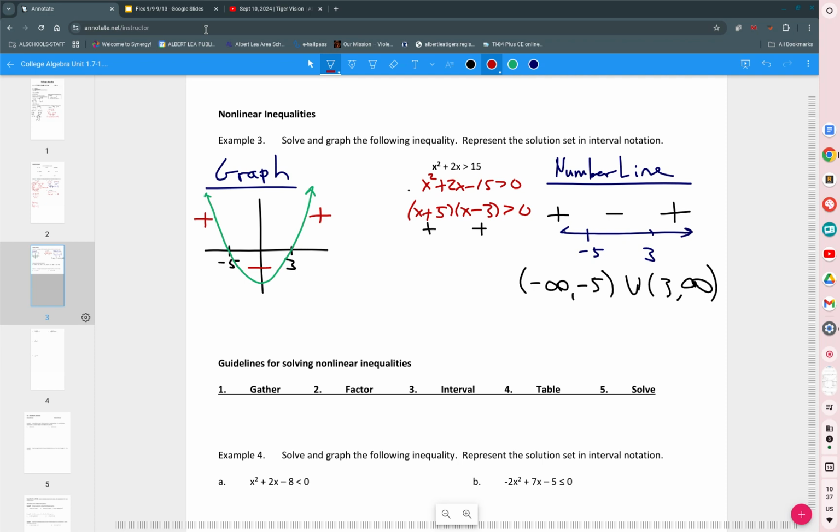So instead of going through and testing the points, which you can totally do, I can sketch the graph and get a quick interpretation. Notice how it matches here. Negative infinity to negative 5 is positive, between negative 5 and 3 is negative, and from 3 to infinity it's positive again. So either way, you end up with that as your solution.